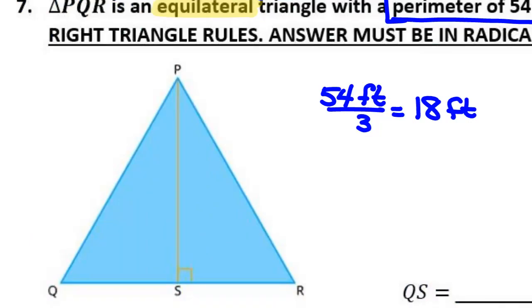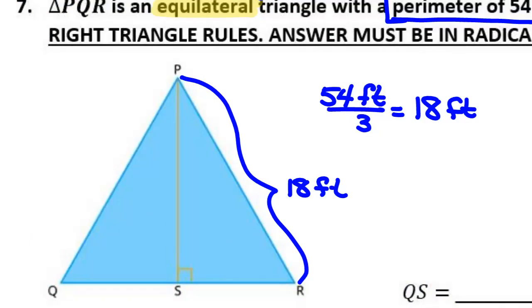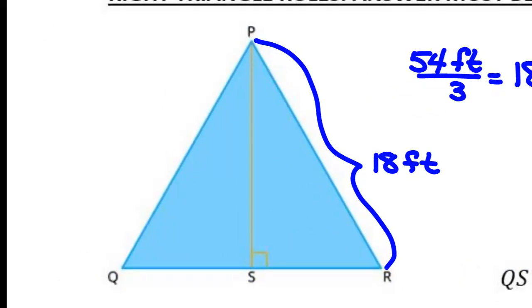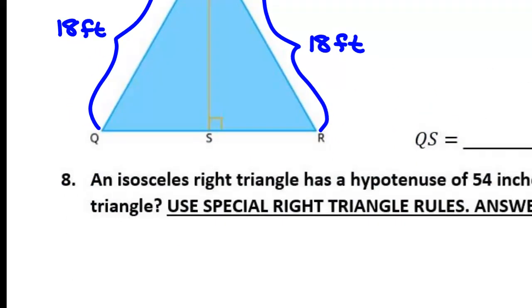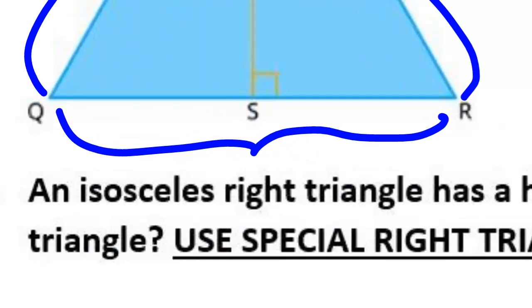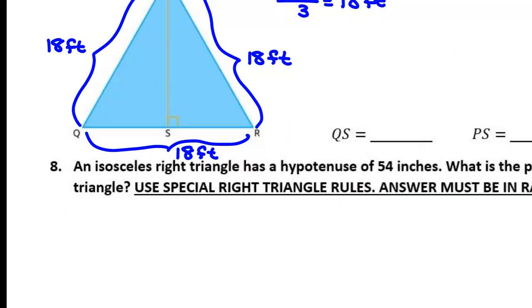So PR right here is 18 feet. PQ over here is also 18 feet. And across the bottom, QR is 18 feet.